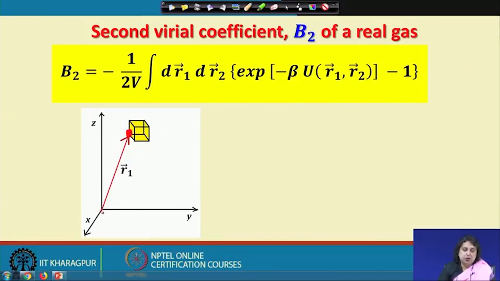So, its position coordinate is given by this vector r1, whose x, y, z components are x1, y1 and z1.